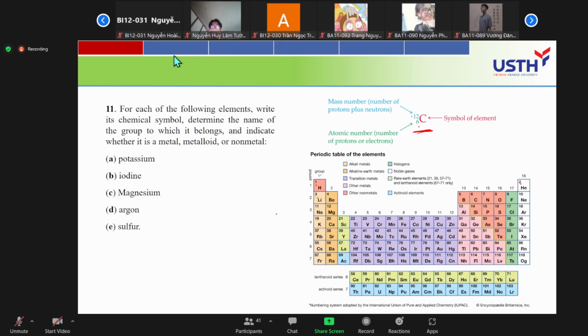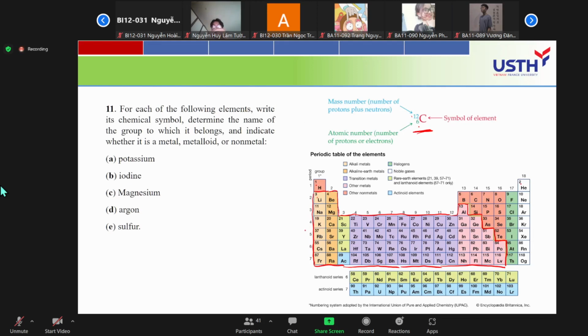For example, this part of the elements, until around here, all that side, is metal. The elements in that frame are metals. They can be separated into several types.